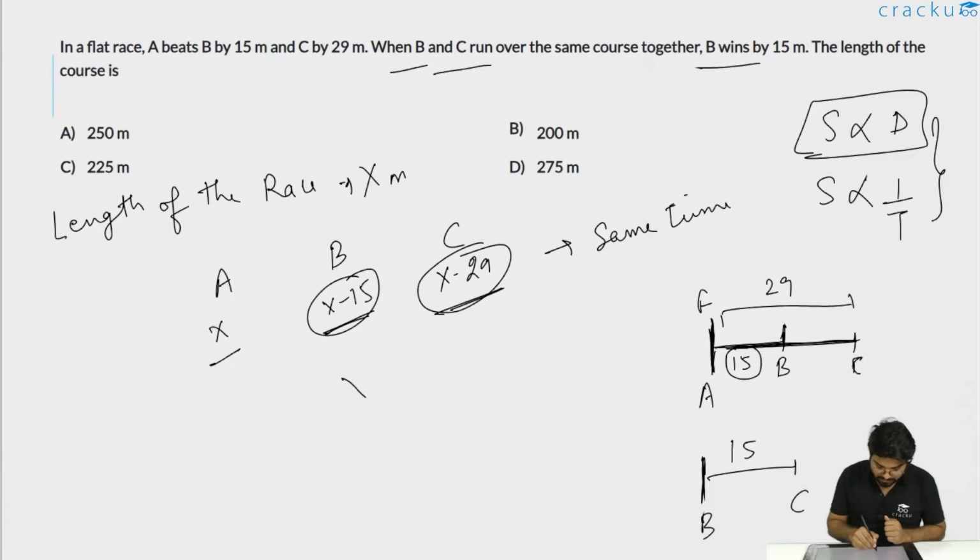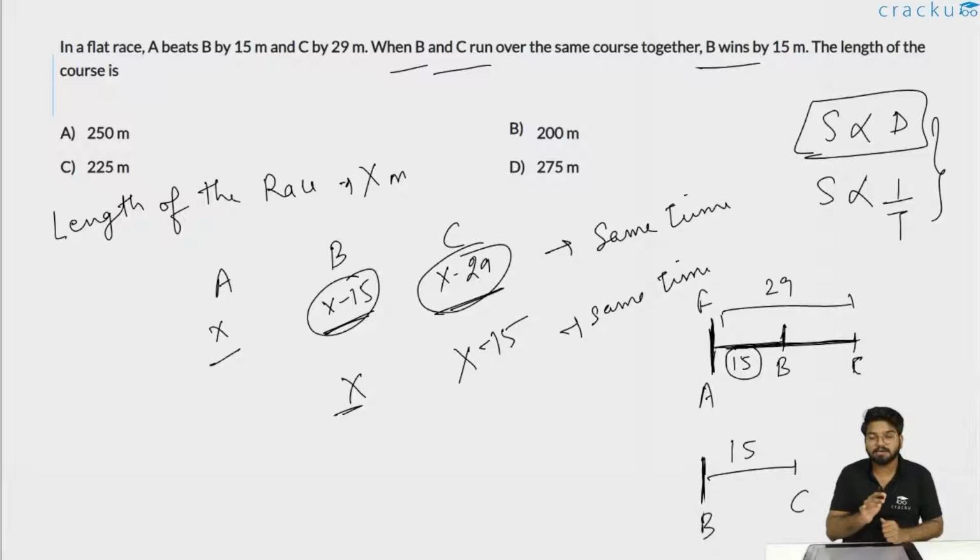So we can say that when B covered x meter, C is 15 meter behind this finishing line. And this is again in the same time. What is that time? The time taken by B to finish the race. In the same time, C covered only x minus 15 meter of distance.